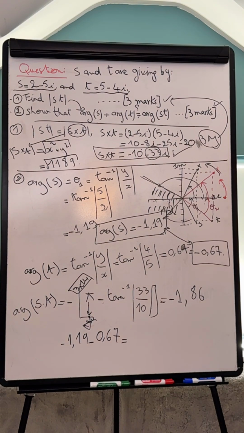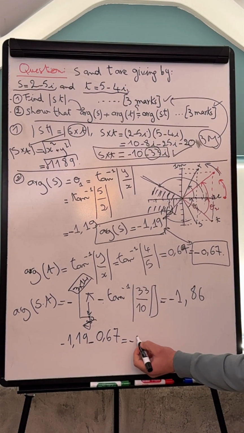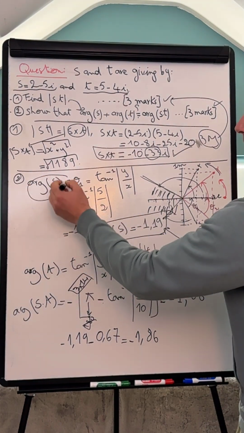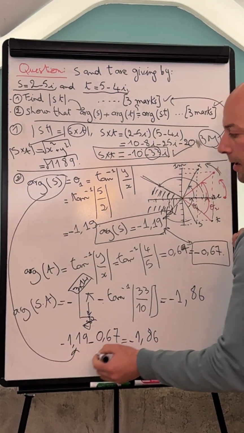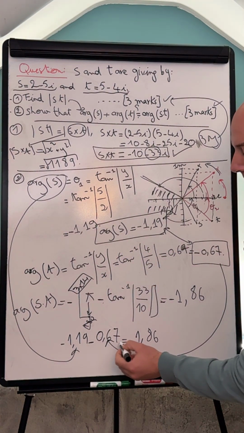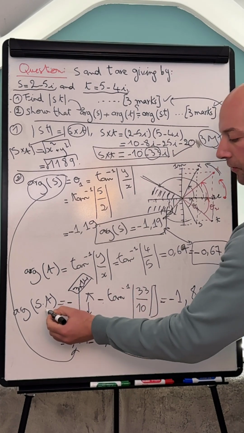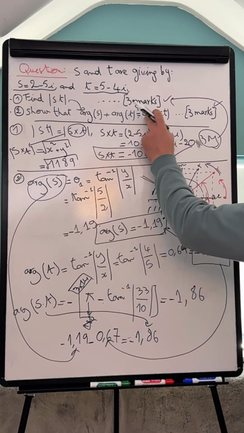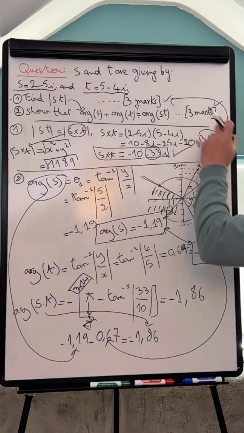If you add them two numbers together, it's going to be minus 1.86. So argument of s, which is this one here, plus argument of t, which is this one here, equals argument of s times t, this one here, and this is what I've been asked to prove, and you got 3 marks.